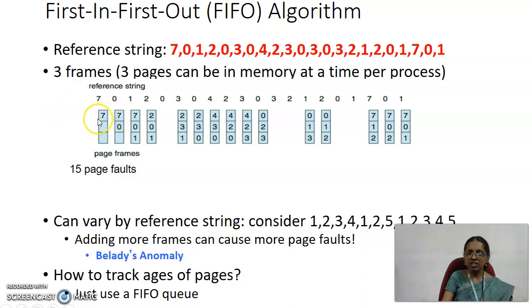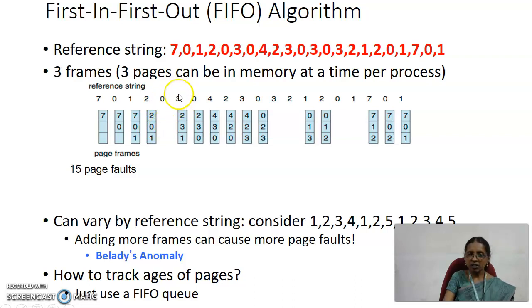Here the first page is 7. 7 came first, so 7 will be replaced by 2. In the place of 7 we will place page 2. Now we refer to 0. 0 is already in the main memory, so it is a page hit, not a page fault. It is already in memory, so leave it.